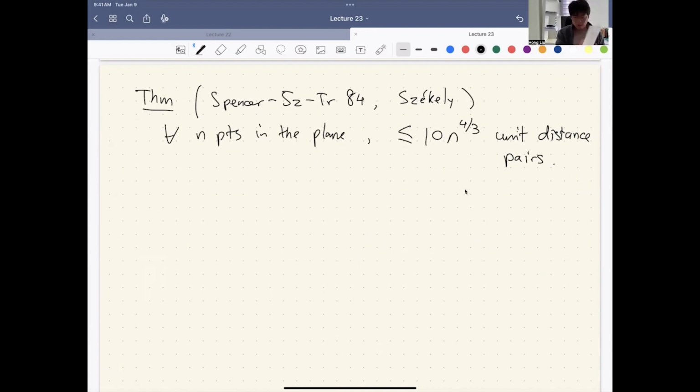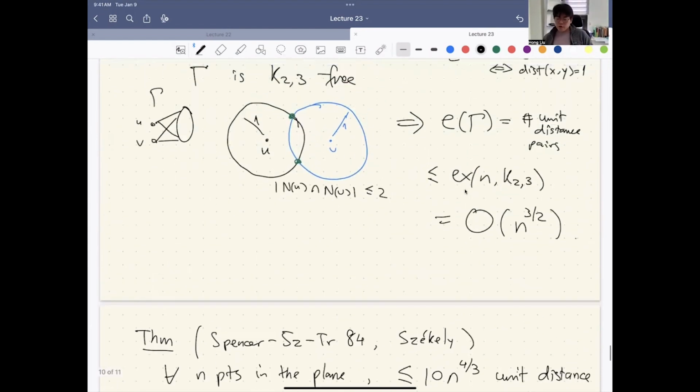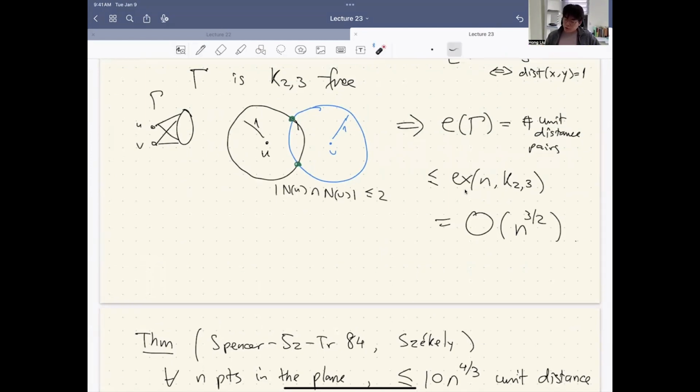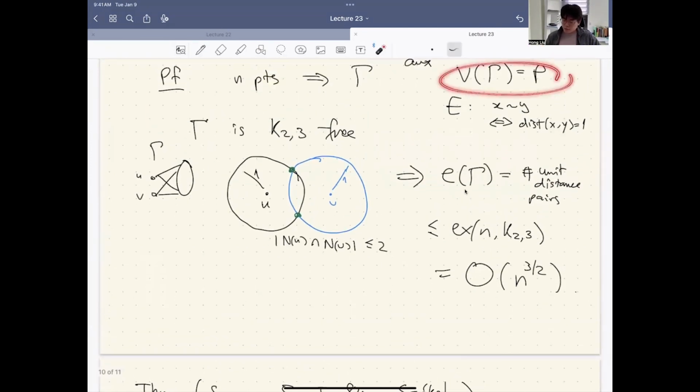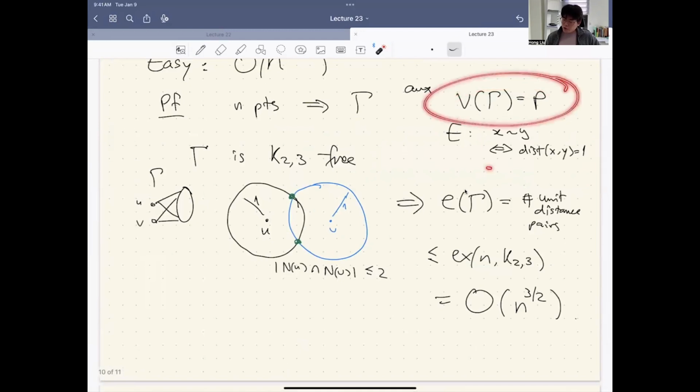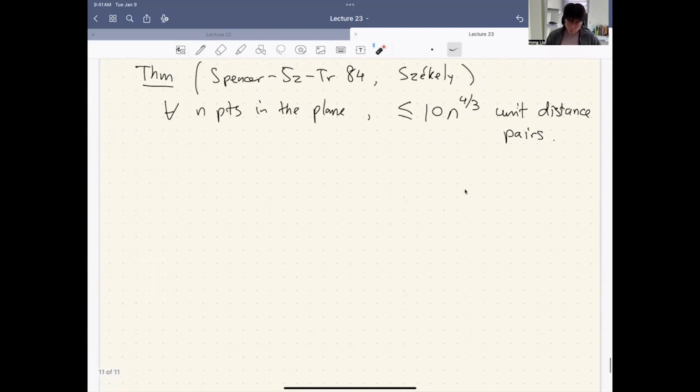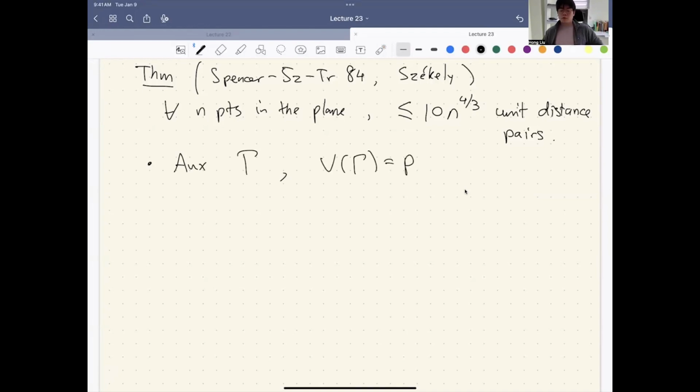Using the crossing lemma. So how can we make use of the crossing lemma? We're going to build a different auxiliary graph than here. Still, the vertex set is the point set, but the edges are not determined by unit distance pairs. What we're going to do is build the auxiliary graph Gamma, where still the vertex set is all the n points.